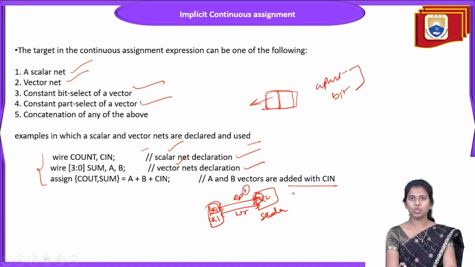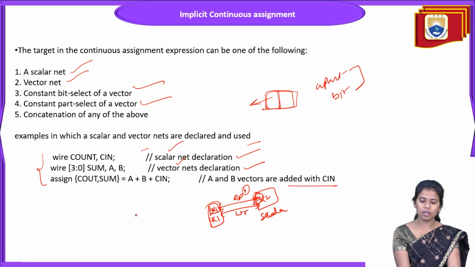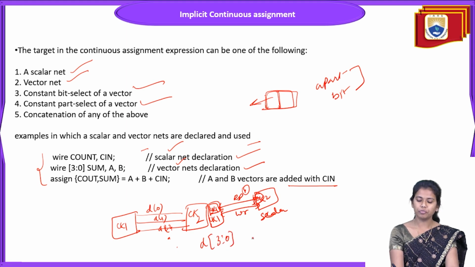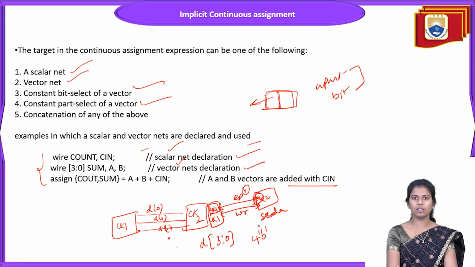And coming to the vector, it is nothing but a group of bits. So here from circuit 1 and from circuit 2, the bits I am deriving are D of 0, D of 1, D of 2 and D of 3. So this is a combination of 3:0. Totally 4 bits I am using to transfer from one circuit to another circuit.